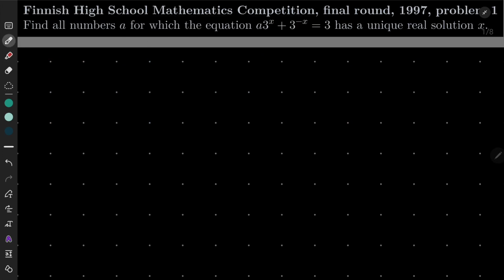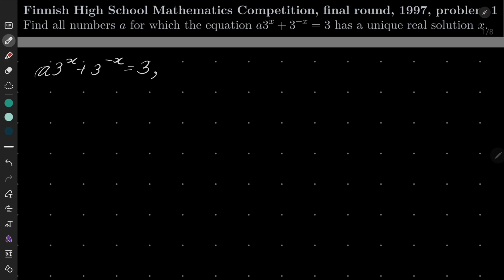Okay, so my solution goes as follows. First of all, let's take our equation and express it as a function of a.